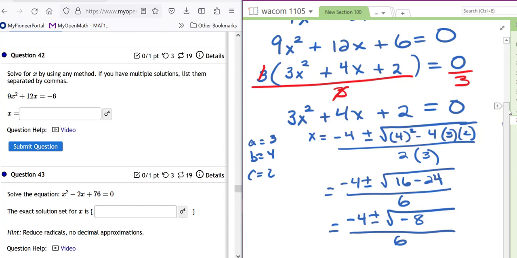Let's see if it'll give me a little bit more space. It's not wanting to. All right, I'm going to do this radical on the side. Because of the negative, you're going to take out an I. The 8 gives us 2 times 4, and the 4 gives us 2 more 2's. So for one group of 2's, we can take a 2 out.